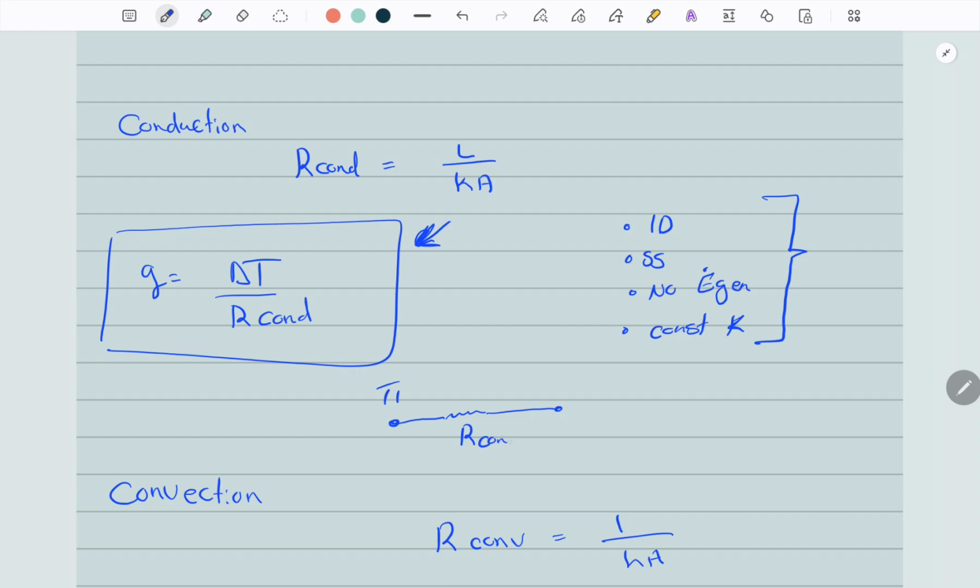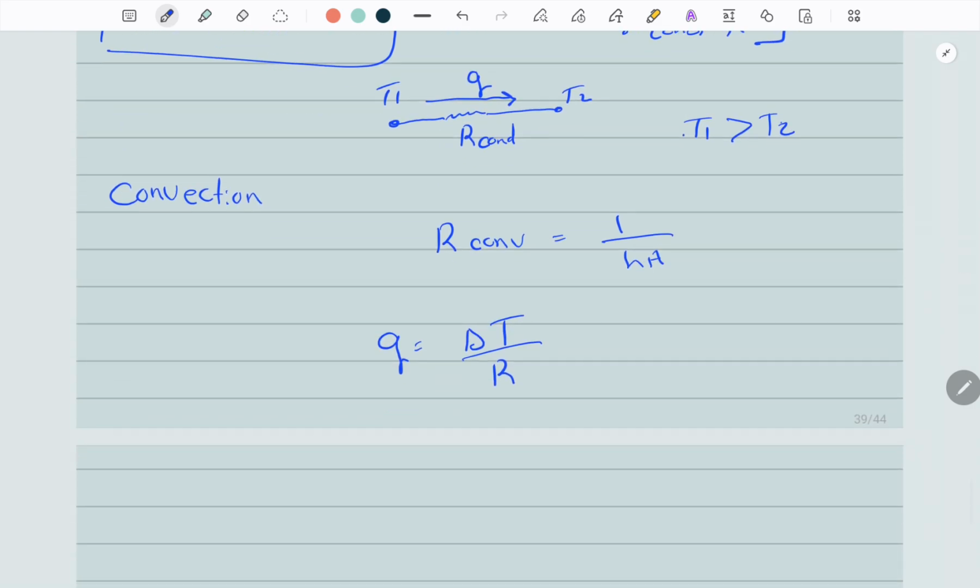So that is your conduction resistance. This is your T2. T1 is higher than T2, which causes the heat to transfer from T1 to T2. That is similar also in convection. Same diagram. T1, T2, heat is transferring from T1 to T2, and some of that heat is lost to convection.